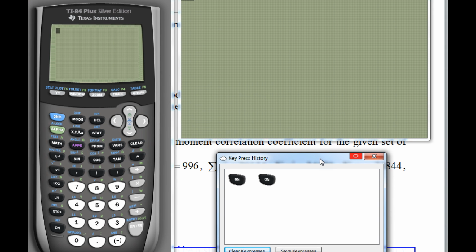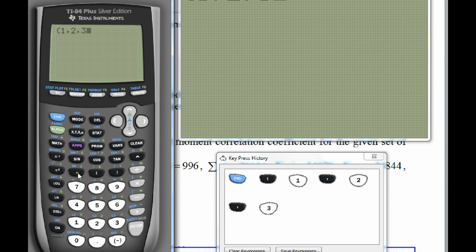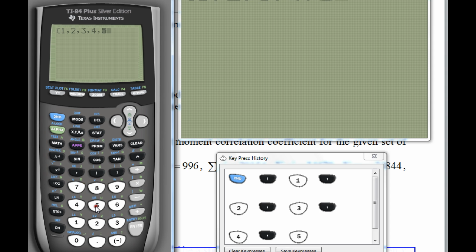Okay, what are you about to do? You are to enter your X and Y into your L1 and L2. If you have the guide, you can refer to it and move on according to your own pace. But if you don't have, then just follow me, alright? Example 1 says your X data is 1, 2, 3, 4, 5.